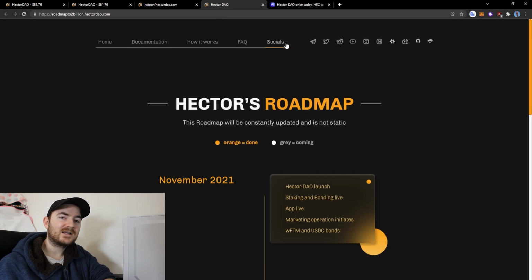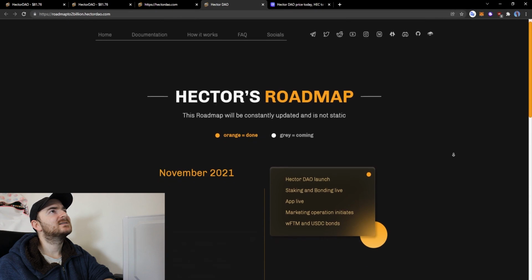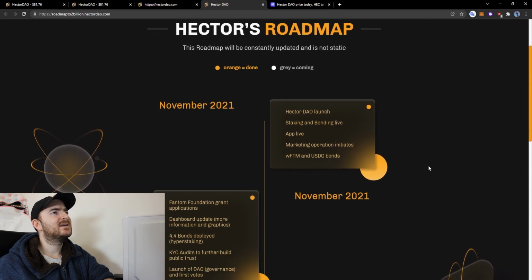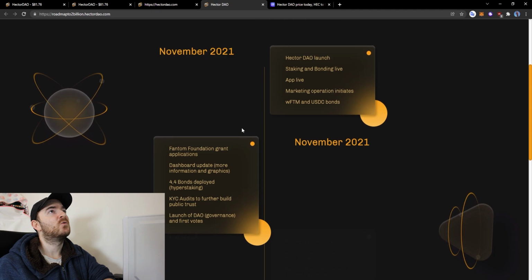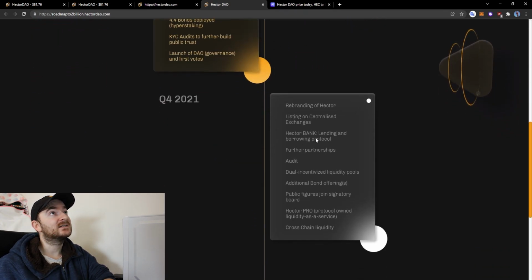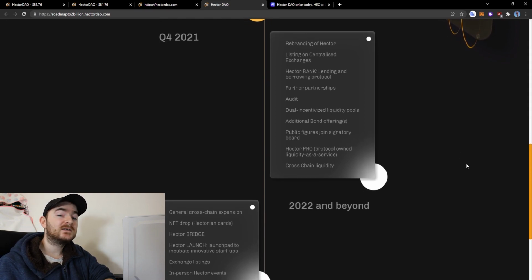Hector DAO actually has its own roadmap as well. If we take a look here, we can see orange is done. So launch the app. It looks like they got some grants, introduced staking. Let's look at Q4 of 2021. They're going to start rebranding, listing on centralized exchanges. They're going to start a bank. They're going to be audited as well.